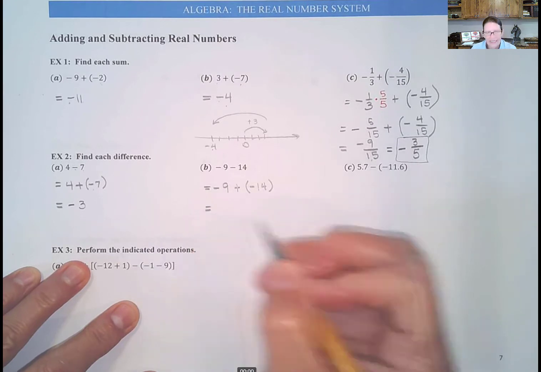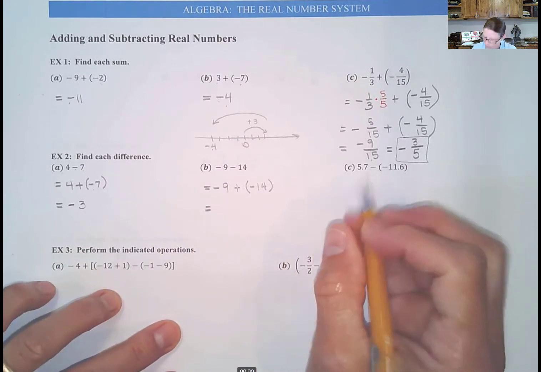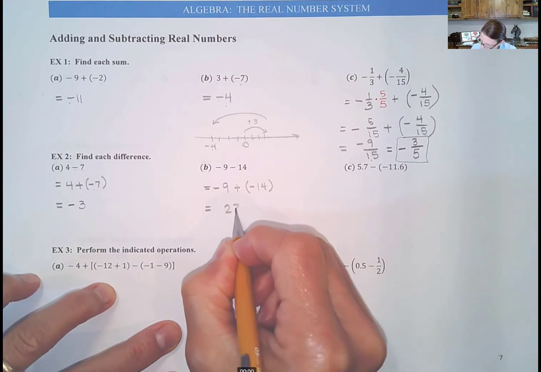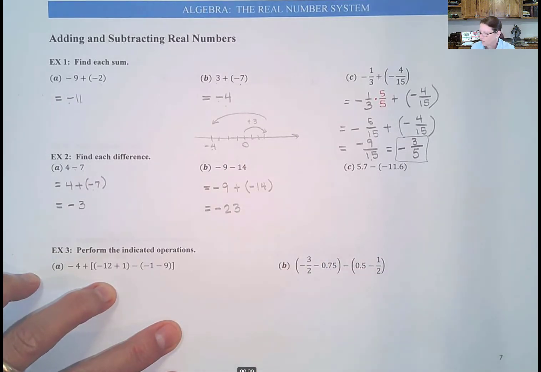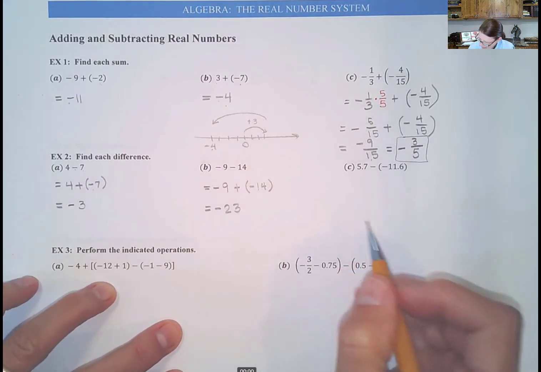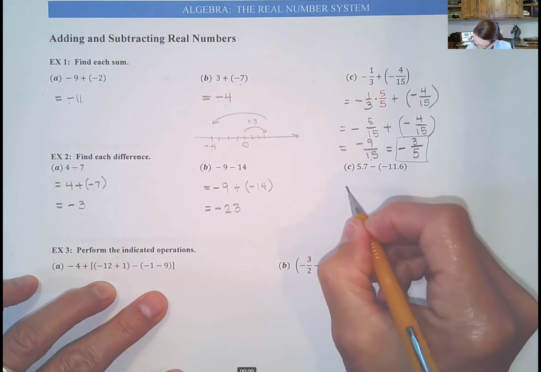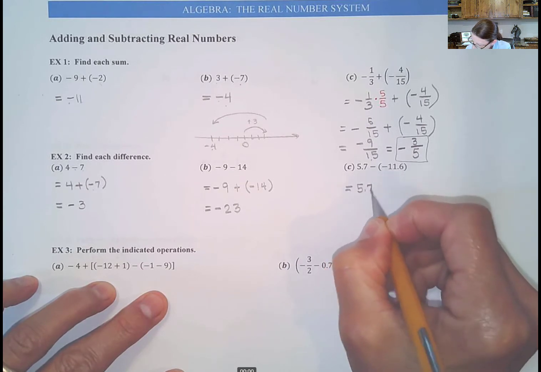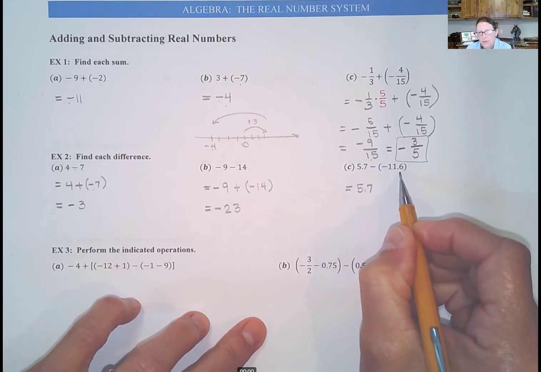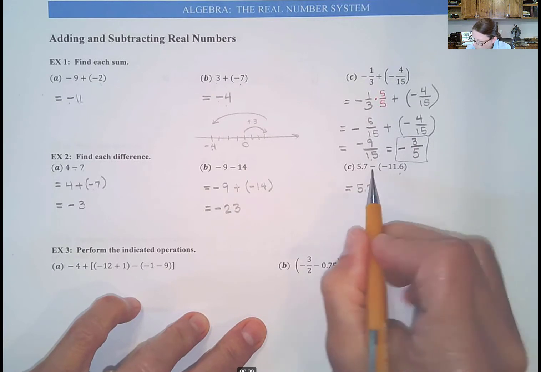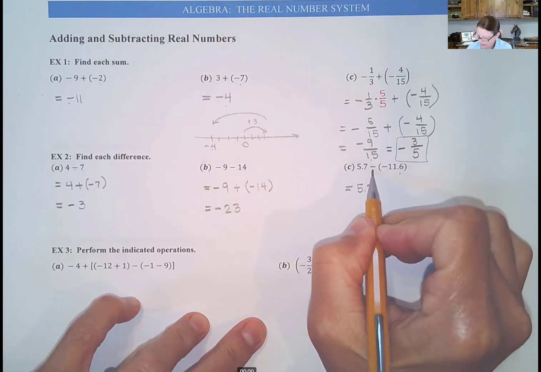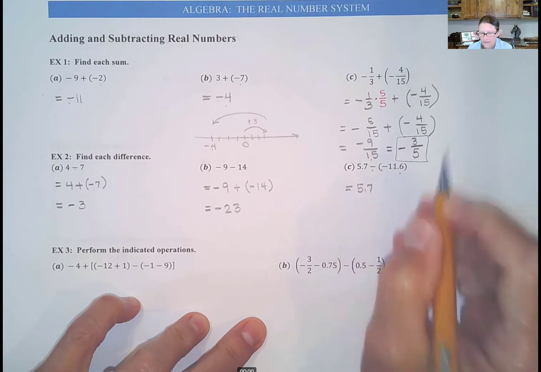In Part B, our first term is -9, and our second term is -14. Here we're adding like-signed numbers. 9 and 14 is 23. And then let's give that result the common negative sign. Part C, okay. Here our second term, we want to find the opposite of -11.6.